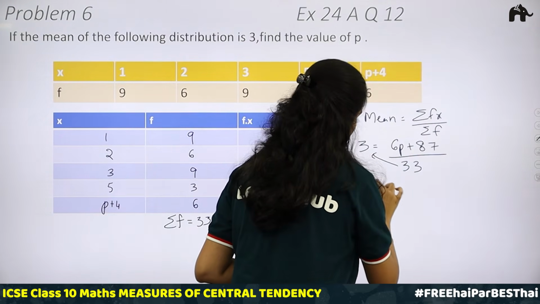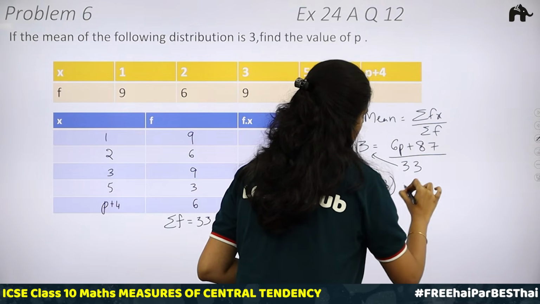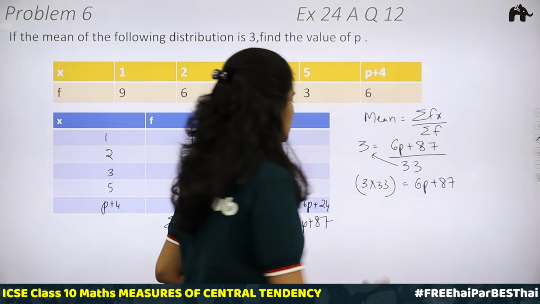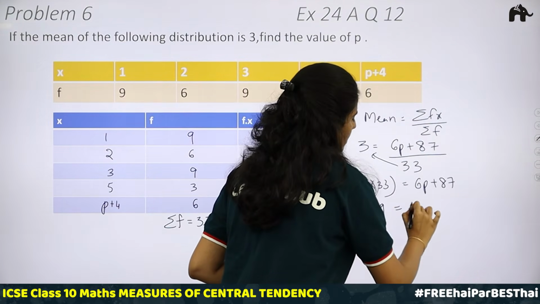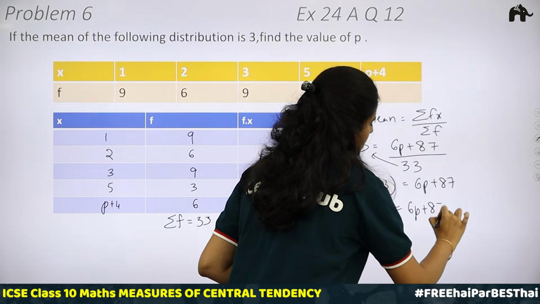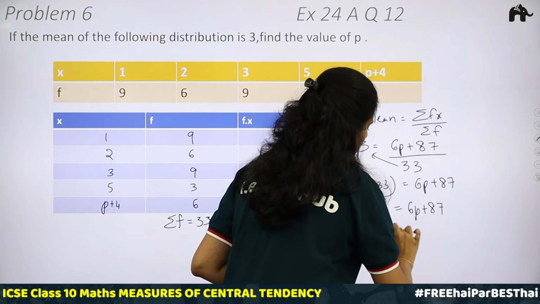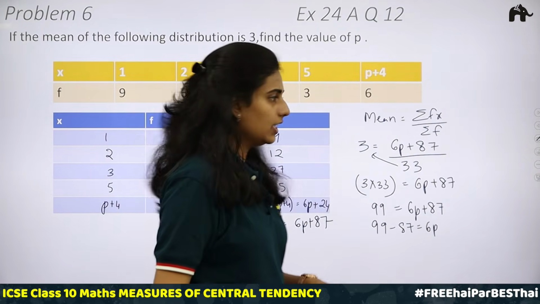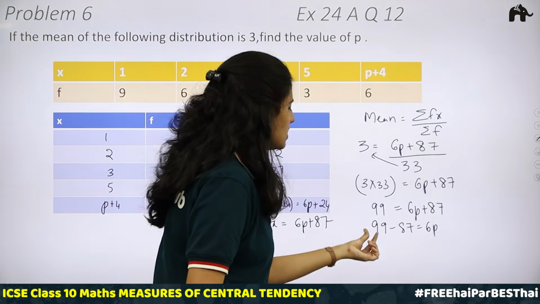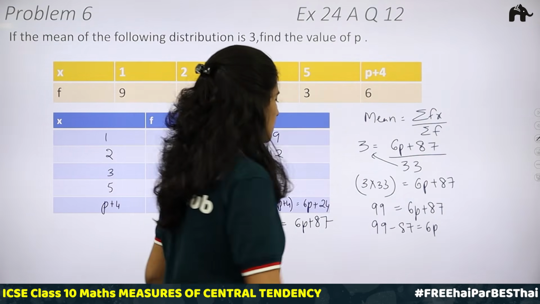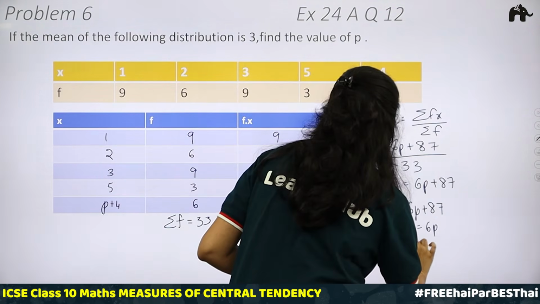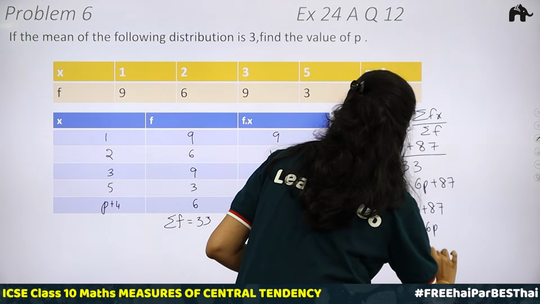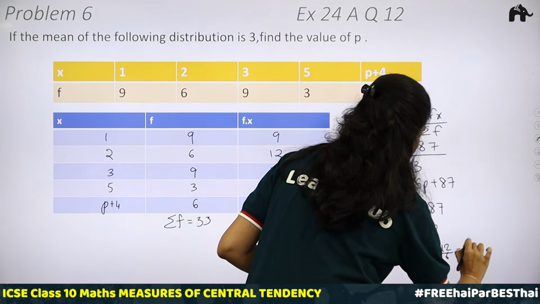Cross multiplying, 3 into 33 is equal to 6P plus 87. 3 into 33 is 99. Taking 87 to the opposite side, 99 minus 87 is equal to 12. So 12 is equal to 6P. If 6P is equal to 12, then P is equal to 12 divided by 6, and that is 2.